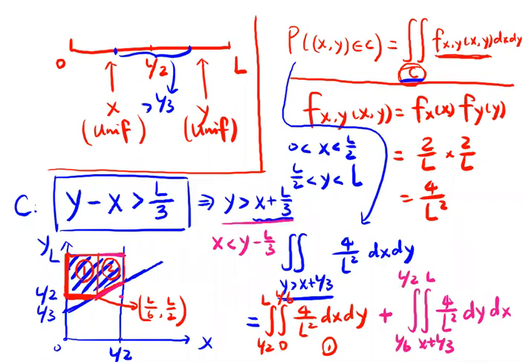Okay, so this is the second region. Both of these have a constant joint density, so you can move that out of the integration and then do the rest. Okay, so the final answer is 7 over 9, and the integral should be straightforward to do. Okay, all right, good luck.